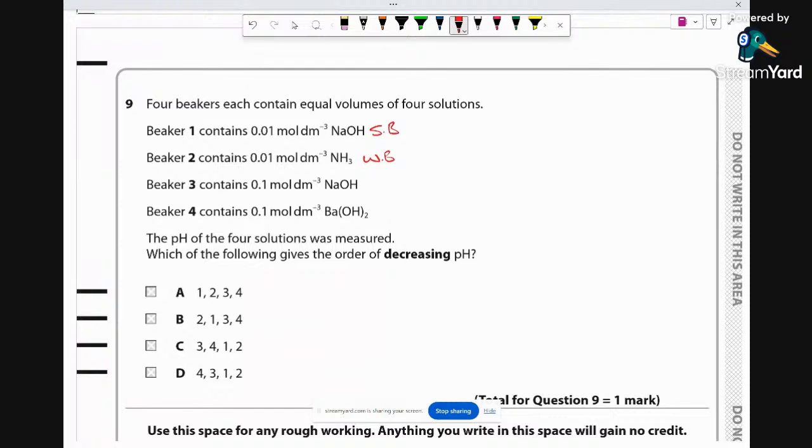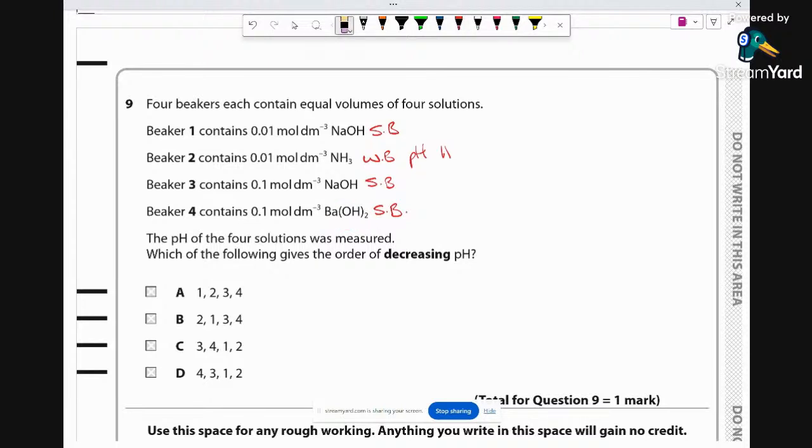It's a useful thing to know. It's a weak base. Sodium hydroxide is another strong base, and barium hydroxide is another strong base. And very soluble to boot, which is great. I don't have to consider solubility here. They're all very soluble. Big ion, small ion, very soluble.